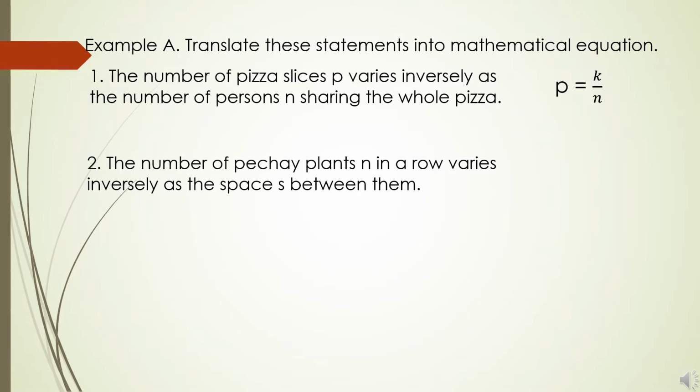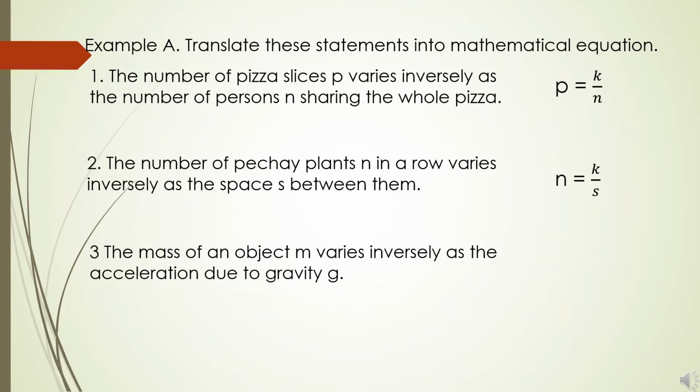So its equation is N is equal to k over S. And number 3. The mass of an object M varies inversely as the acceleration due to gravity g. So its equation is M is equal to k over g.